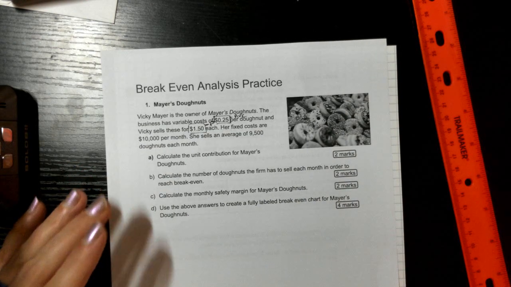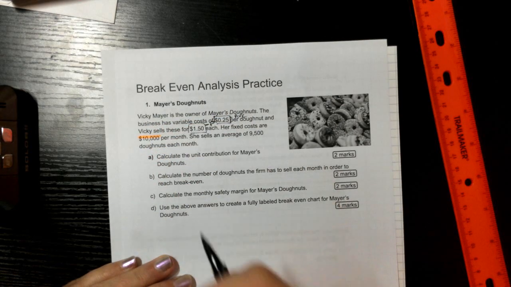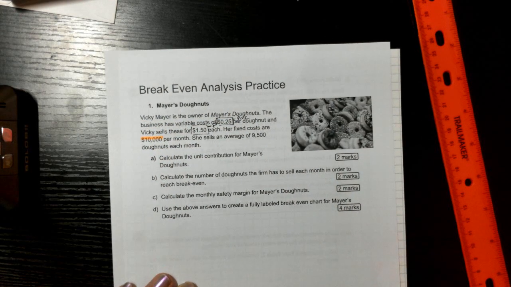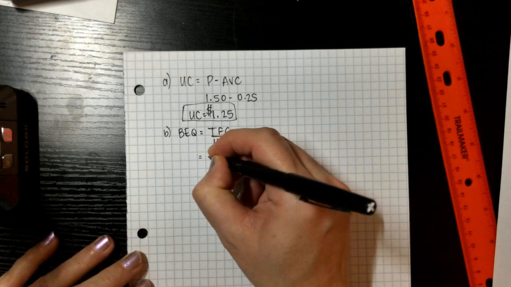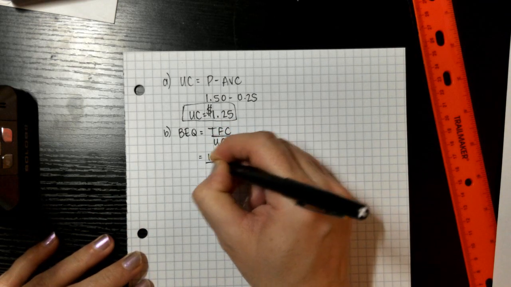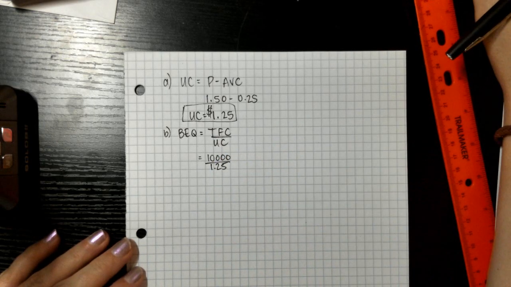In our case study, we were given fixed costs of $10,000 per month. Okay, so I'm going to go ahead and plug that in over here to our formula. So it'll be 10,000 divided by $1.25, which was our unit contribution.